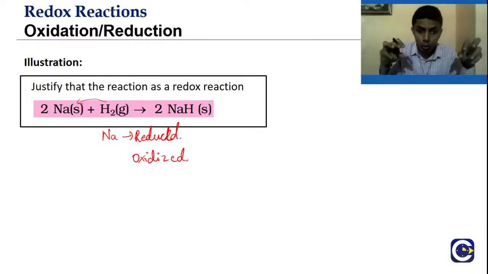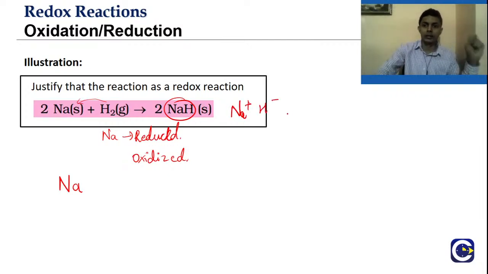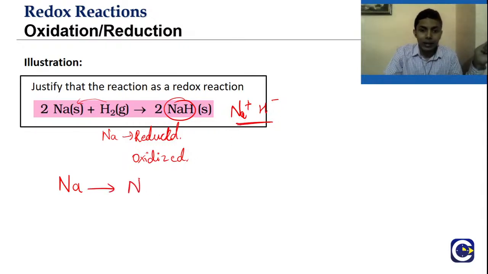But if I look more deeply into this sodium hydride, what is actually happening is that it is getting converted into Na+ and H−. Yes, sodium hydride will be in this form, Na+ and H−. How does it attain that? Na attains that by losing one electron.